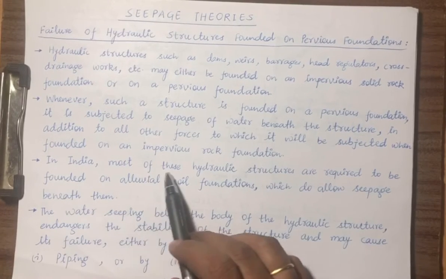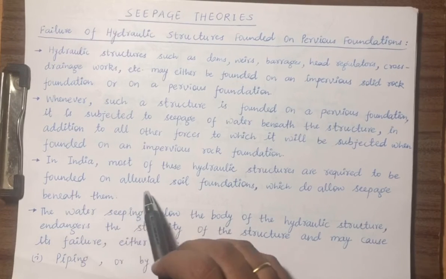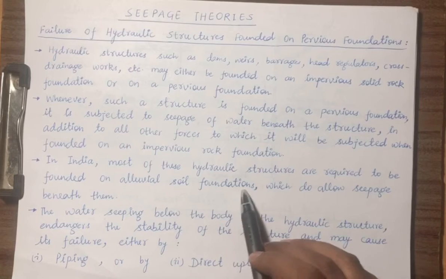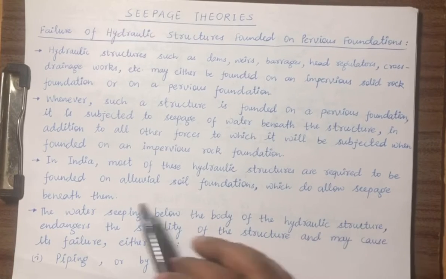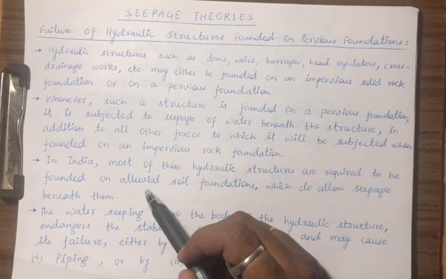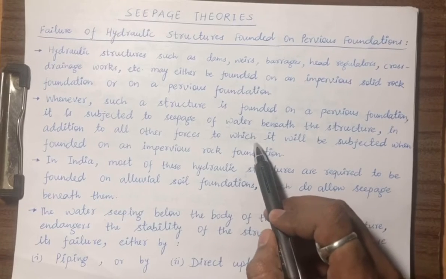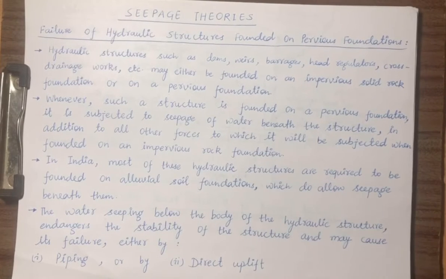In India, most of these hydraulic structures are required to be founded on alluvial soil foundations, which do allow seepage beneath them. So the soil in India is mostly alluvial soil, which is a pervious soil, so the problem of seepage is there.